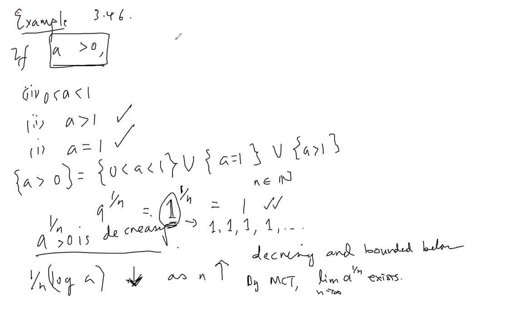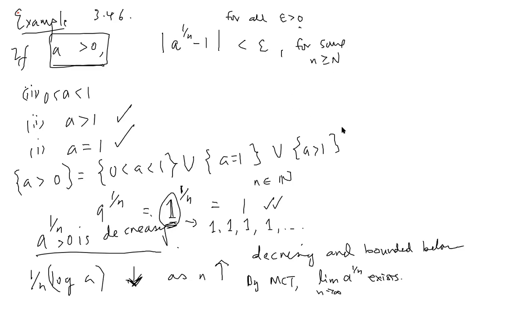Okay, so to show that the limit exists, we want to show the following, that the limit is 1, yeah? So for all epsilon, this is true for some n greater than a threshold.